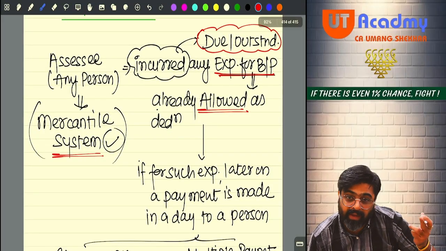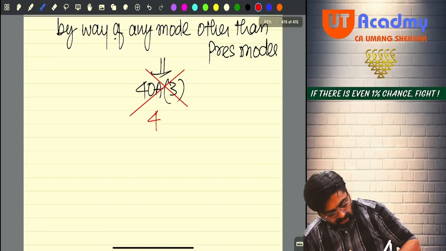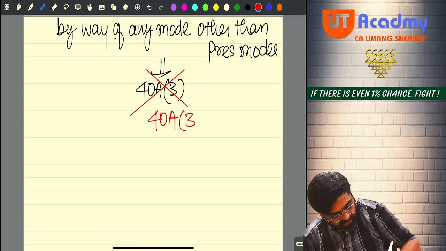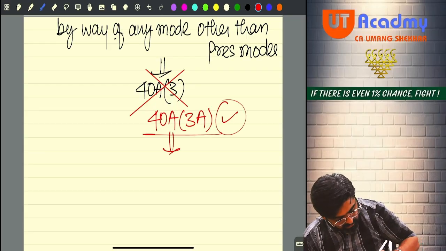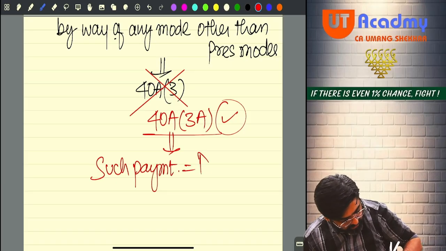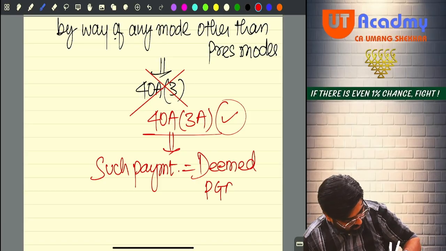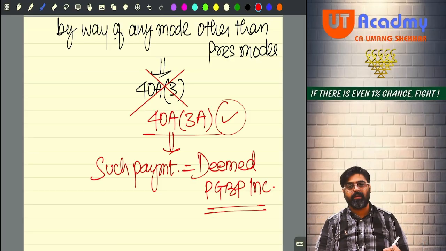So now if we cannot disallow by 40A(3), now we will apply 40A(3A). And as per 40A(3A), such payment will be treated as your deemed PGBP income, because that was according to us a bogus expense which you are claiming.